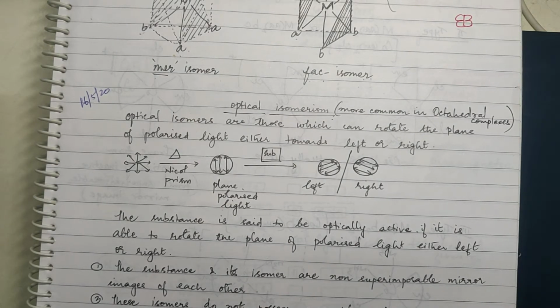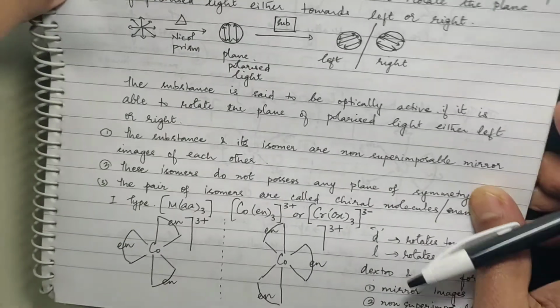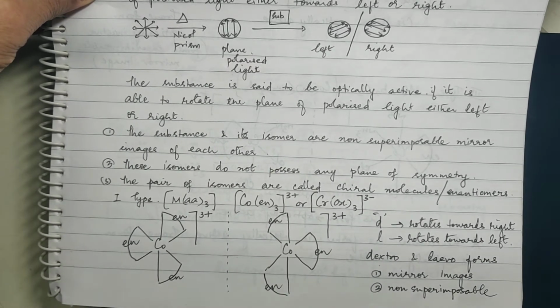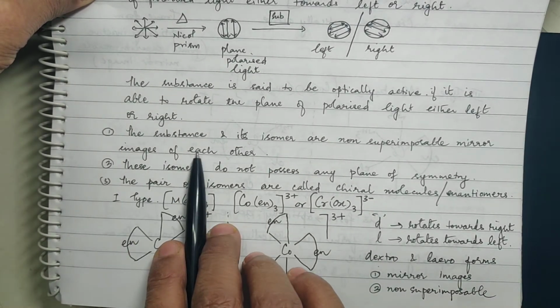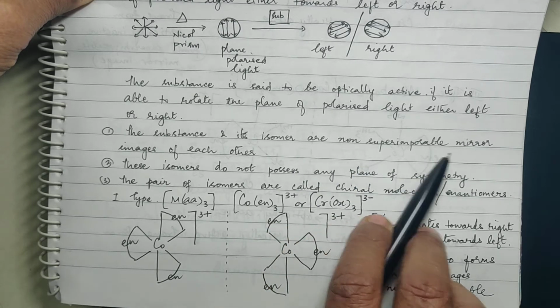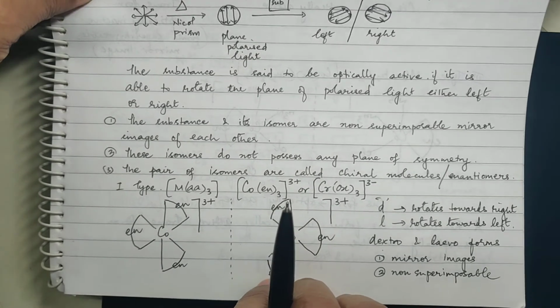Now here, when the isomers are made, you will find that the substance and its isomer are non-superimposable mirror images of each other. The same concept which you studied in organic also.